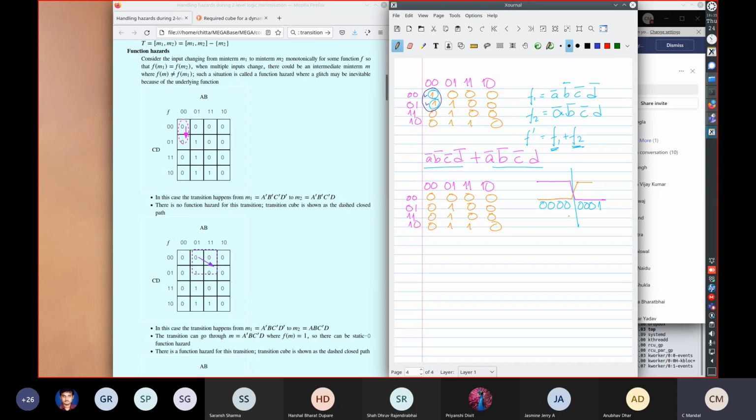In the meantime, you can have a glitch. It is 1, goes down to 0, and then comes back. As you have seen, it's a static 1 hazard.